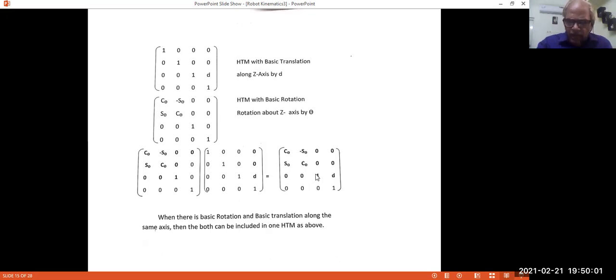So you can get rotation as well as translation effect into one single matrix, provided you are doing basic translation and rotation about one axis. This is true if you do it along the x-axis, rotate about the x-axis and move along the x-axis, and so on.